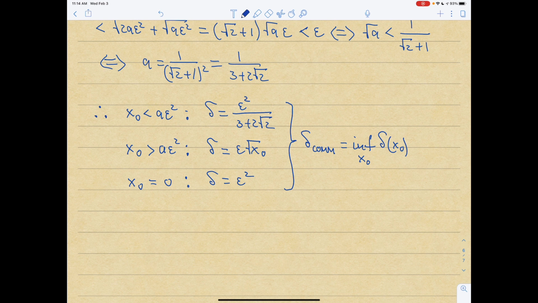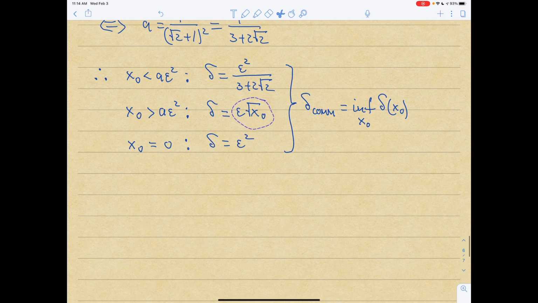And so what is the infimum of these numbers that we got here? Well, infimum, we have three constants, this constant, and this guy, who in general will depend on x0. But it is epsilon times square root of x0, so the infimum of delta in the middle.